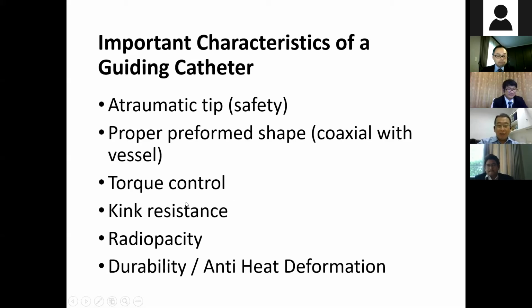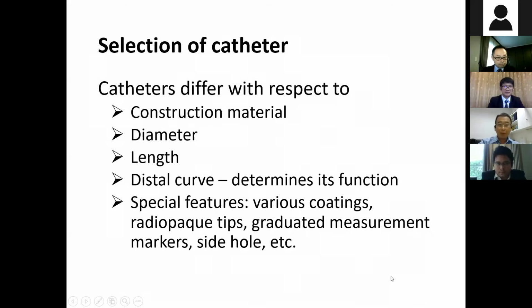When you torque the catheter, it should be strong enough to be kink resistant. You should see the catheter well during your operation to avoid trauma by the catheter. The last one is durability, because sometimes your procedure may take a longer time in a complex situation, so durability of the catheter or resistance to heat deformation may be necessary.